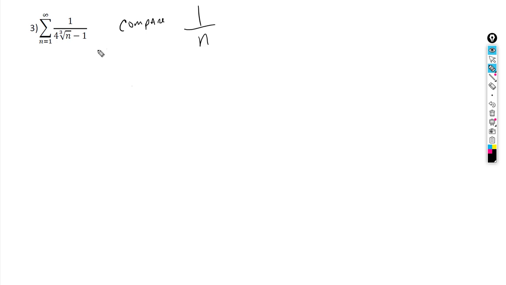If we took the limit of this it would go to 0, but I'm not taking the limit of it. Anyway, I'm going to compare it to 1 over n. Now, could I have easily compared it to n to the 1/3? Well, yeah, sure, that makes sense, but I want to give it a little bit more of a shot so you understand why I can do this.